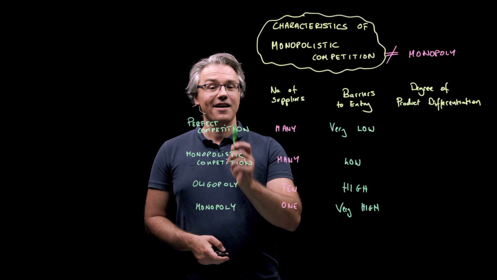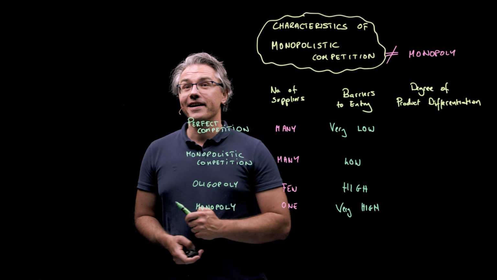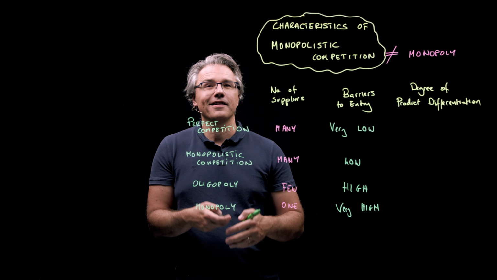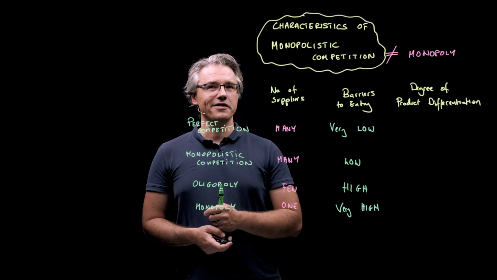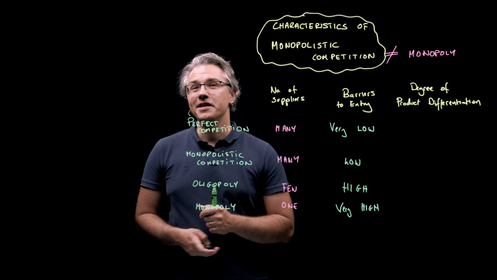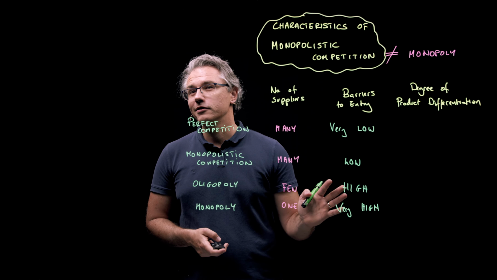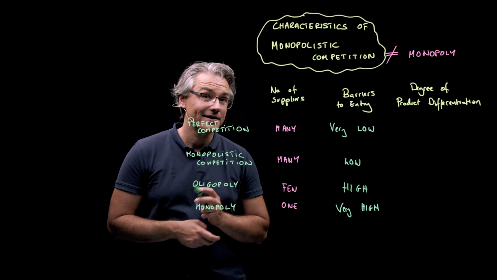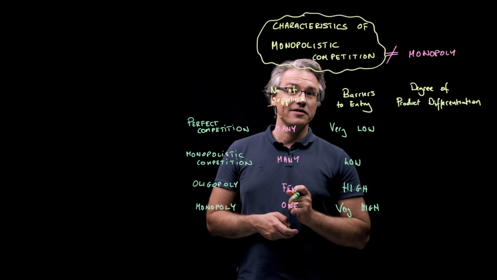So perfect competition is a market structure where we have many, or in fact, countless number of suppliers and almost no barriers to entry, meaning anyone can join the crowd. What is more, they are offering a highly standardized or homogeneous product.